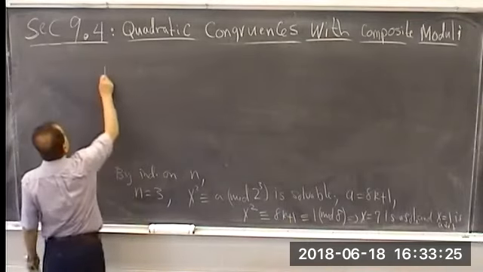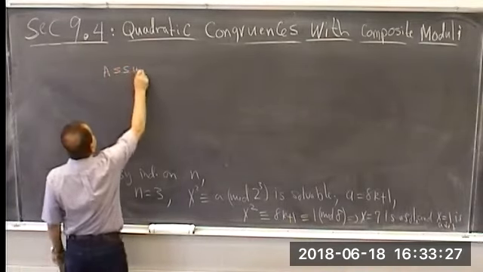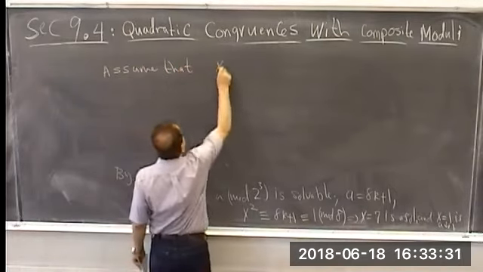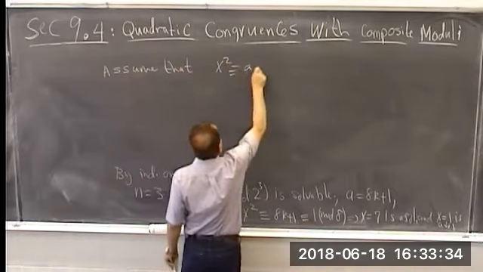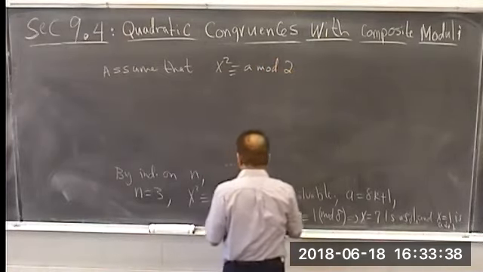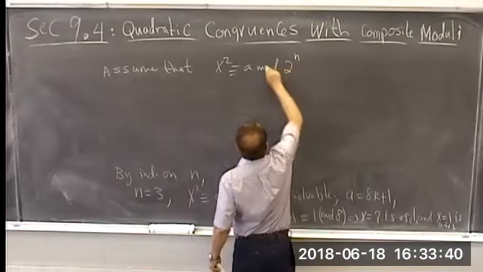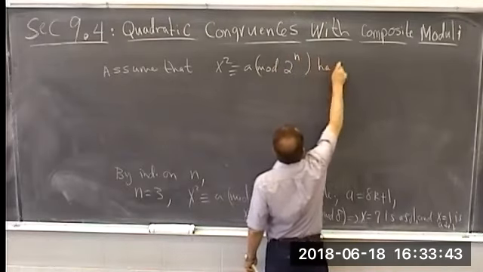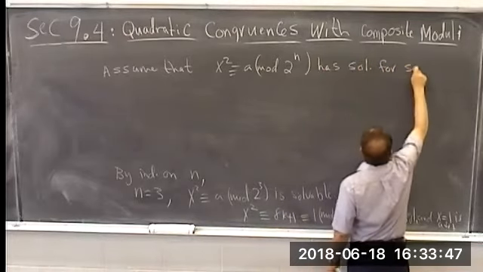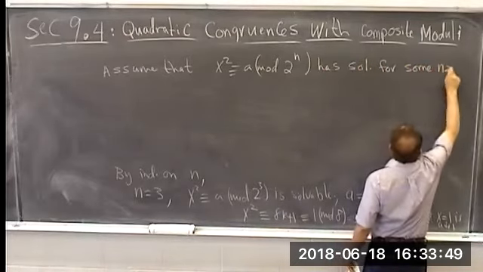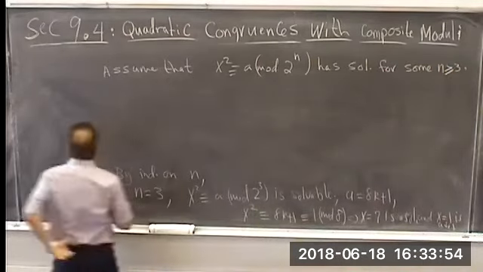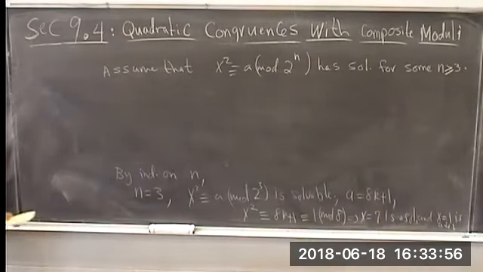So we're going to assume that x squared congruent to a mod 2 to the n has a solution for some n bigger than or equal to 3. Remember, a is of the form 8k plus 1. So we are under this assumption.